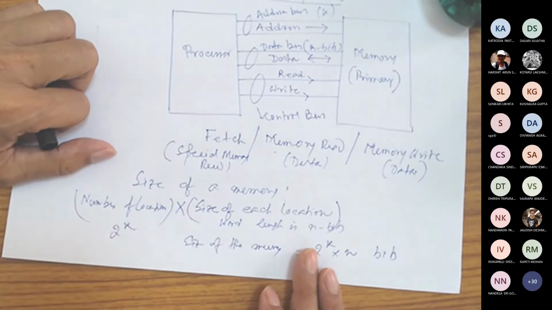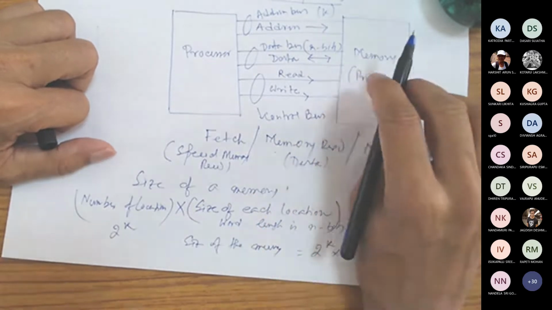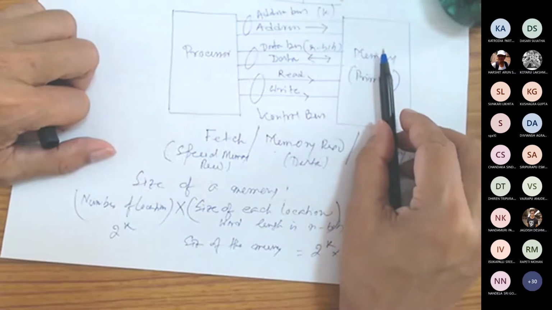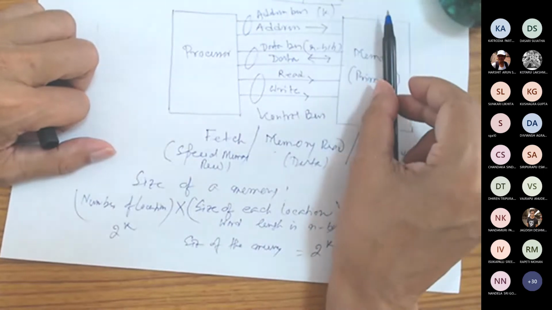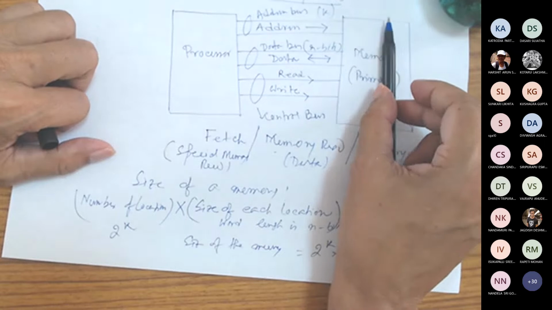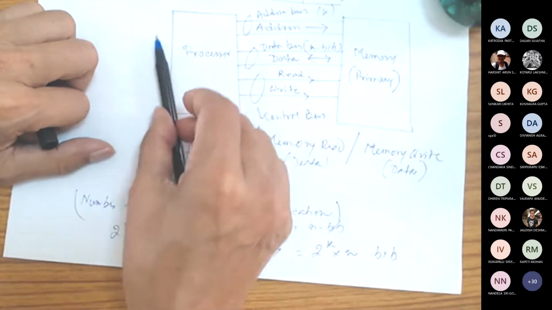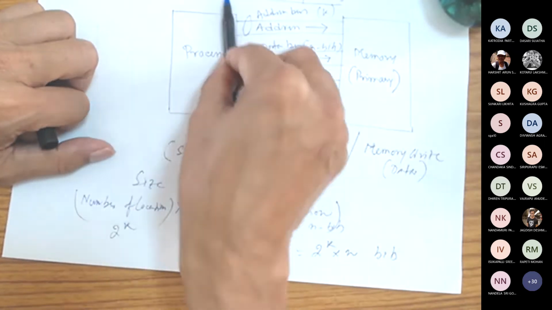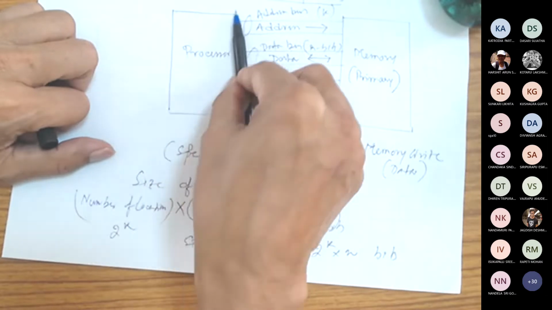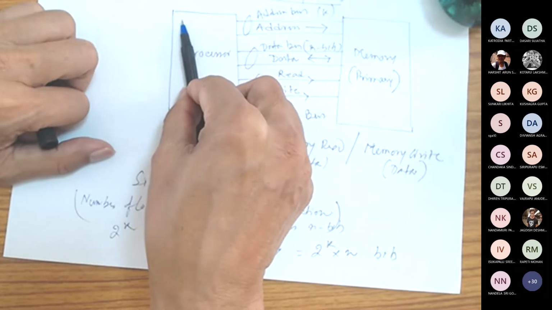Now, this memory is an external entity. Designing of the memory is not done using the same type of components that are used in designing processors, for obvious reasons.